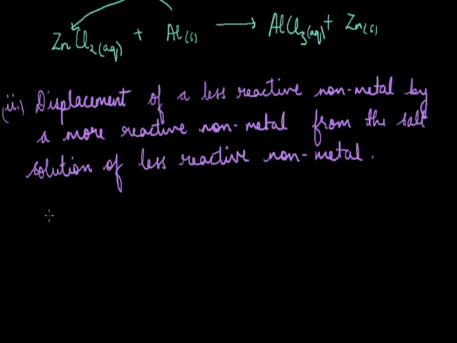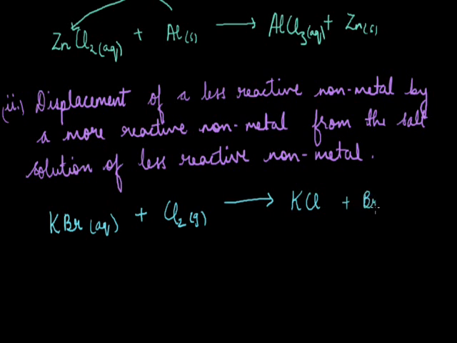For example, reaction of potassium bromide, KBr, aqueous solution with chlorine. When chlorine gas is bubbled in the KBr aqueous solution, what we will see is the formation of KCl and brown fumes of Br2, that is bromine, bubbled out.